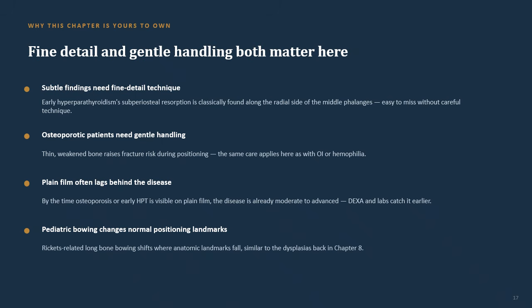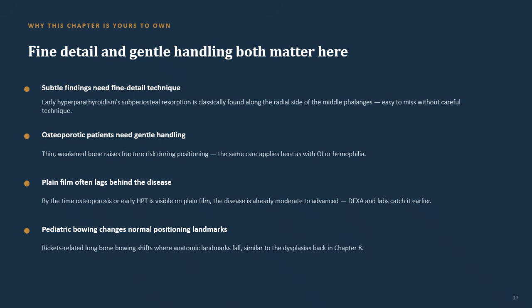In our patients that have osteoporosis, a lot of times we're talking about our elderly population. For many of these patients, their bones are very weak and very thin, and that does put them at a higher risk for fracture. So we do want to ensure that we are handling them gently, the same as we would handle patients that have hemophilia and also osteogenesis imperfecta.